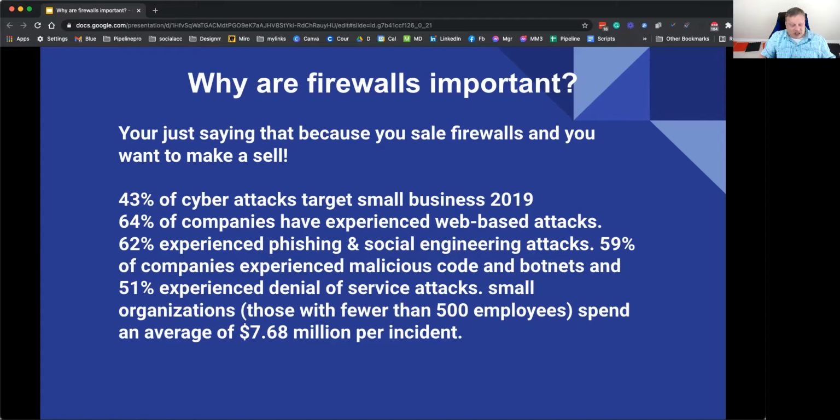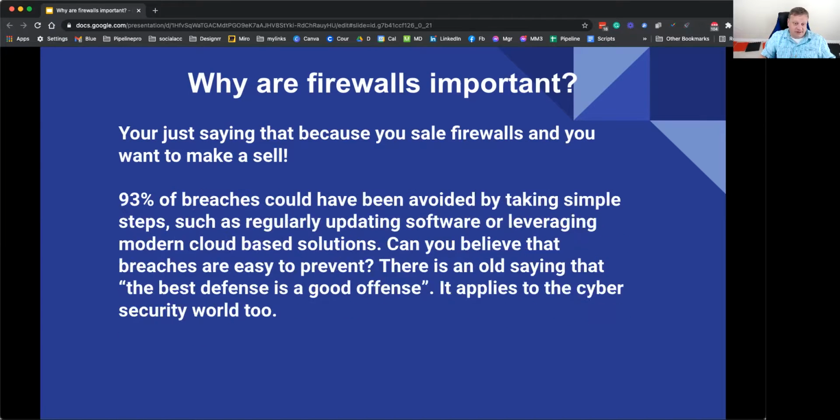And let's just say it happens a couple of times where it could have been prevented. Let's look at the statistic. 93% of all breaches could have been avoided by taking simple steps, such as regularly updating your software or leveraging modern cloud based solutions.